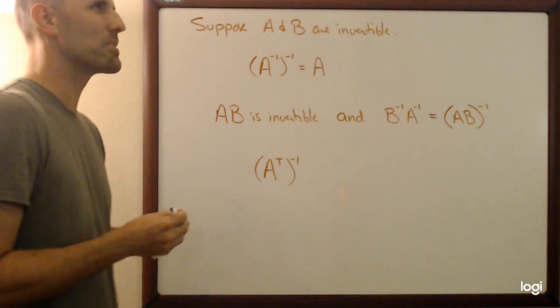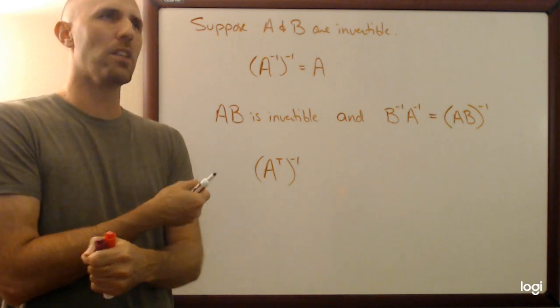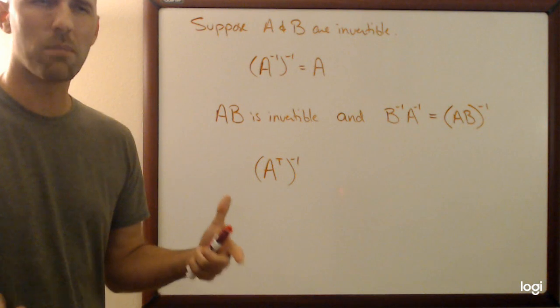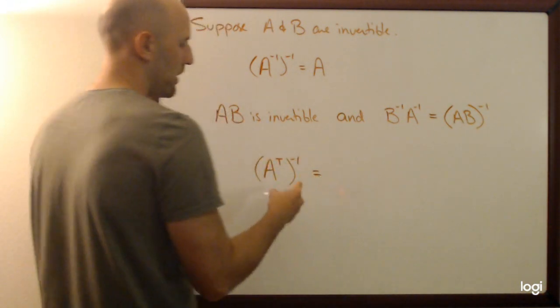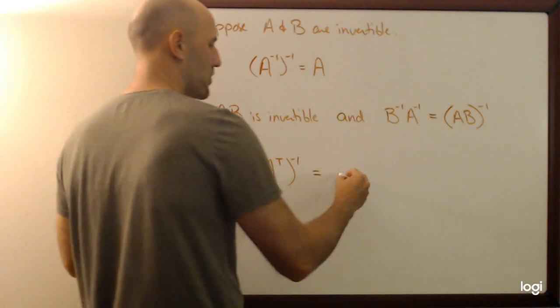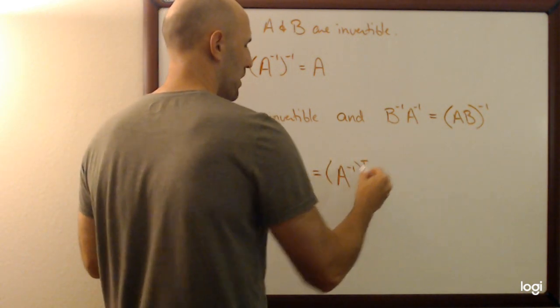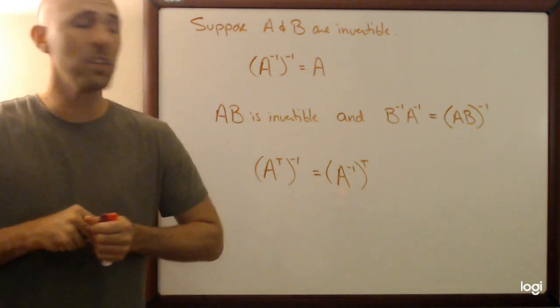And it seems like if you swap all the rows and columns and then you want the inverse, shouldn't you just swap all the rows and columns in the inverse you already had? And that's true. Okay? The inverse of A transpose is just the transpose of A inverse. Yeah. So these things work very nicely.